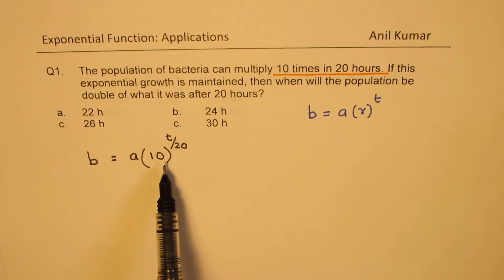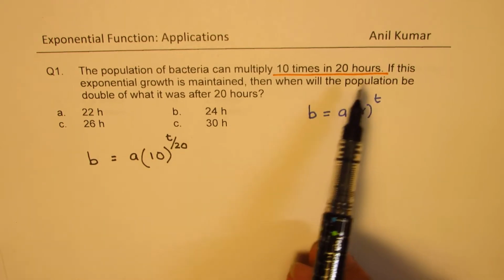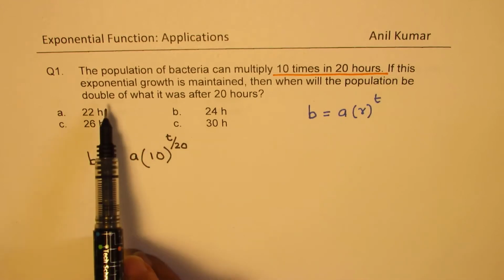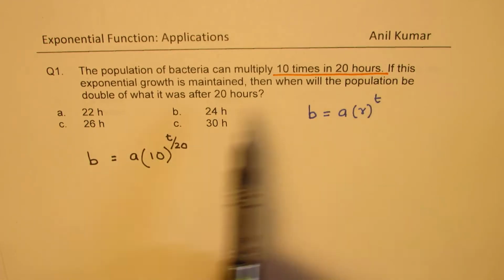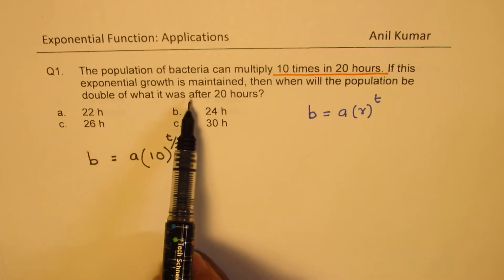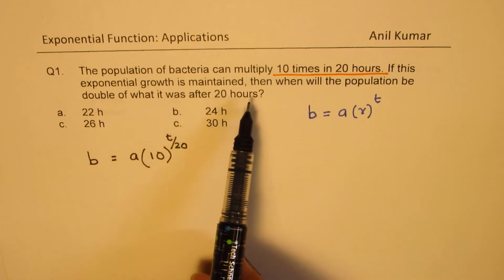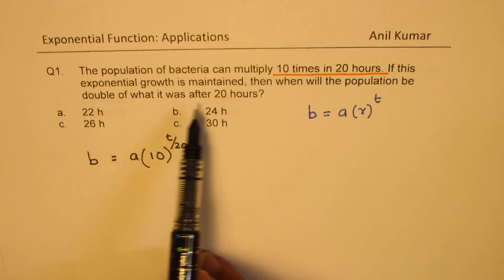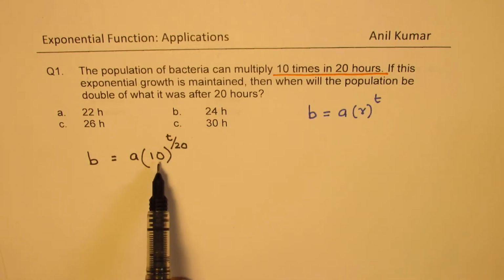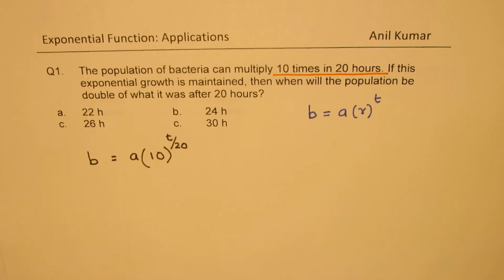That helps, right? Now, if this exponential growth is maintained, then when will the population be double of what it was after 20 hours? So we are comparing two populations: the one after 20 hours and then thereafter when it gets doubled. We don't know when it will get doubled.